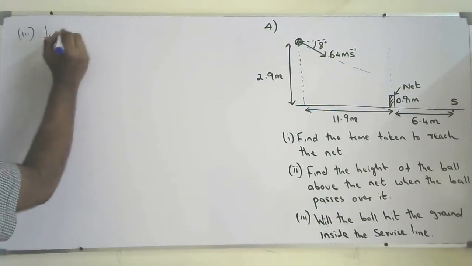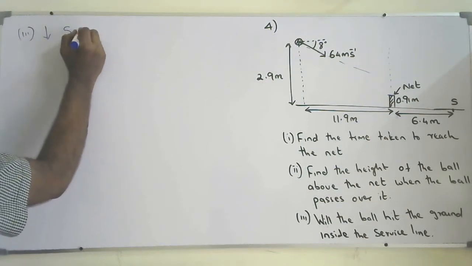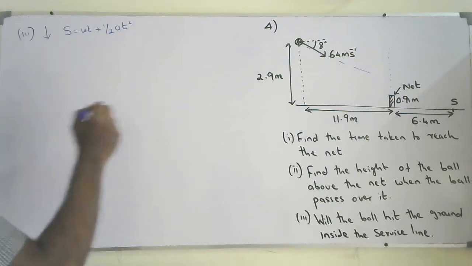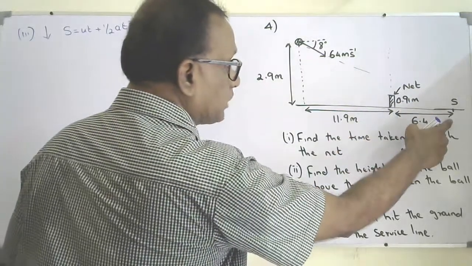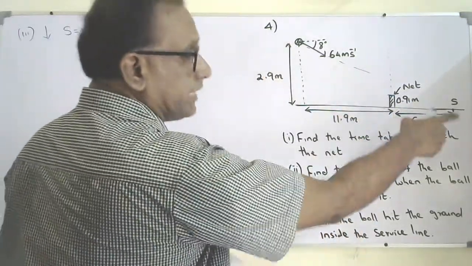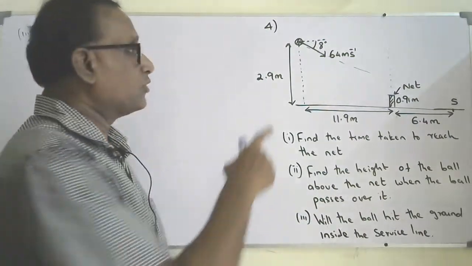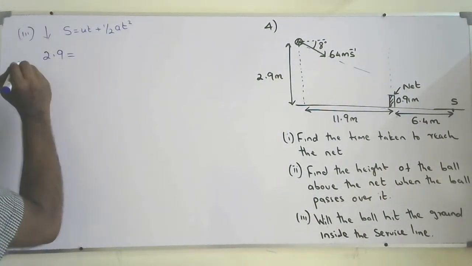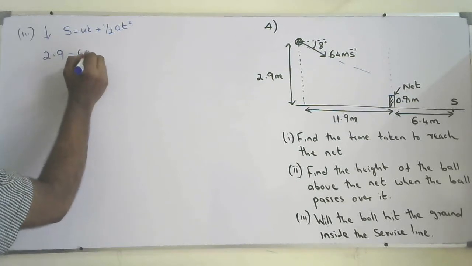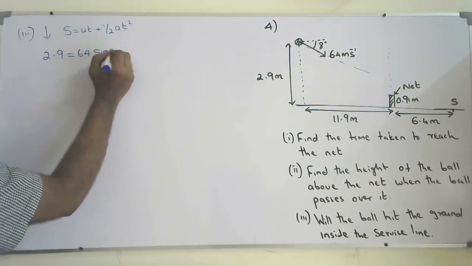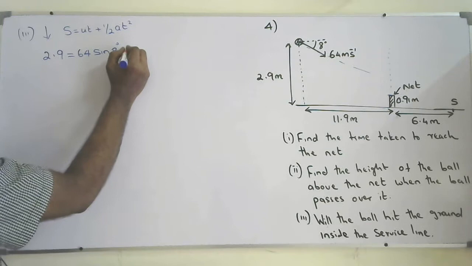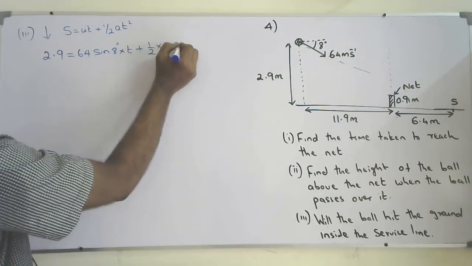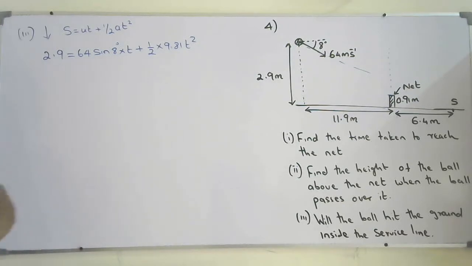So downwards we use s equals ut plus half at squared. From where to where am I using? From the initial position to the ground. So when it reaches the ground, its vertical displacement will be 2.9 meters. Initial vertical velocity will be 64 sine 8 into t plus half into 9.81 t squared.